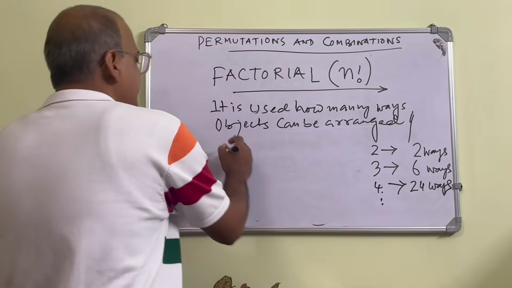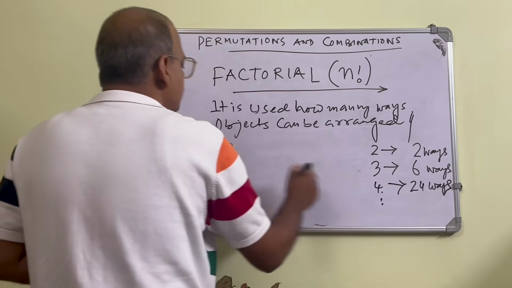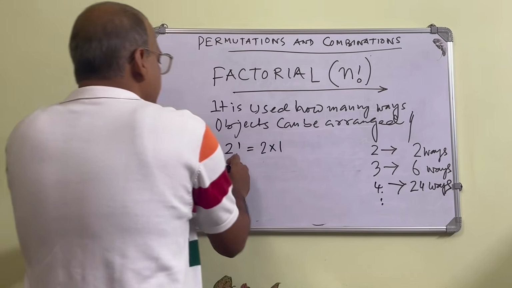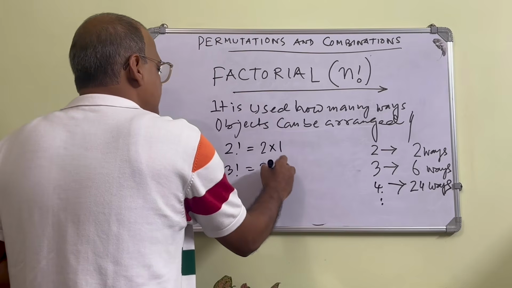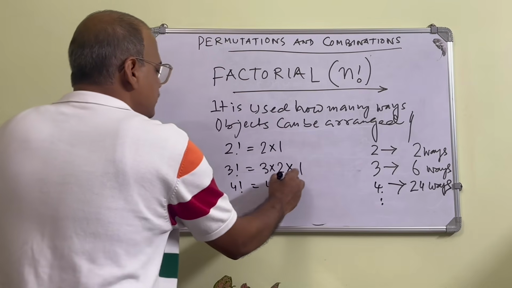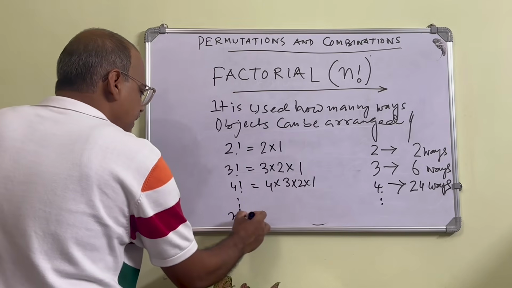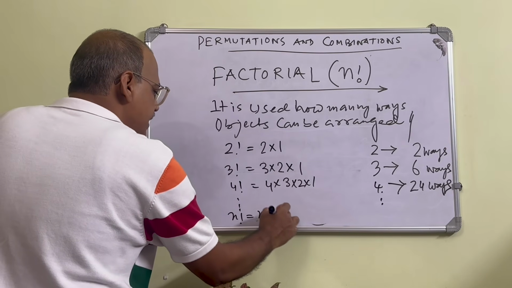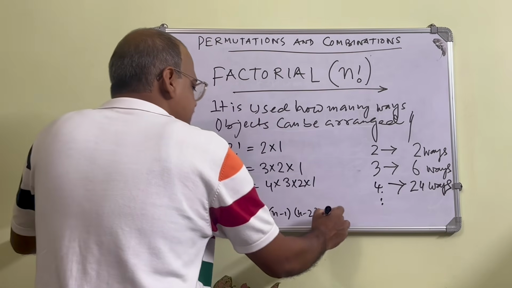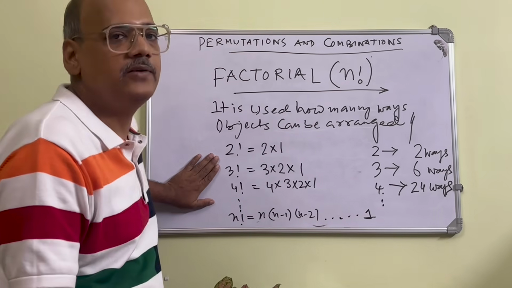We can put it this way: this is 3 factorial, this is 4 factorial, and so on. 2 factorial is 2 into 1. 3 factorial is 3 into 2 into 1. 4 factorial is 4 into 3 into 2 into 1. n factorial is n times n minus 1 times n minus 2, all the way till 1. So this is factorial.